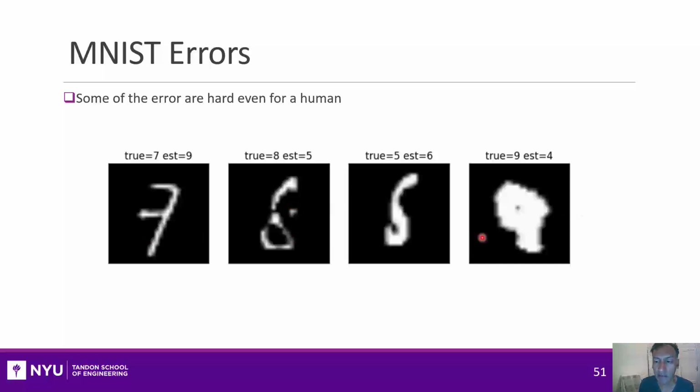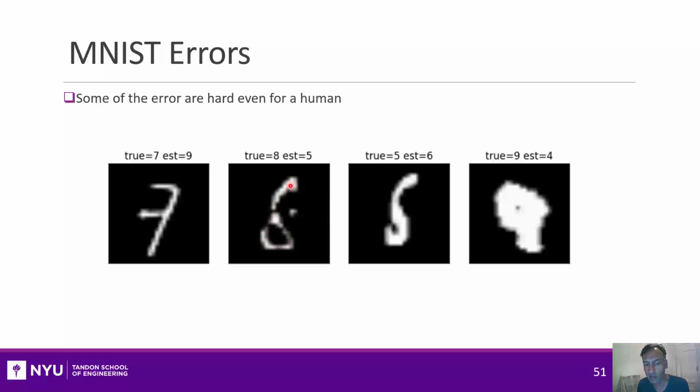In this case, maybe a human would have guessed some of these, but you can see that all these digits where there are errors are really badly written digits. A human would have guessed, for example, that this was a 7, but you can see why the SVM classifier got confused and thought it was a 9. This digit here was just really badly written.